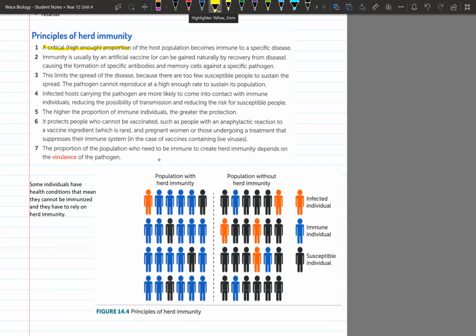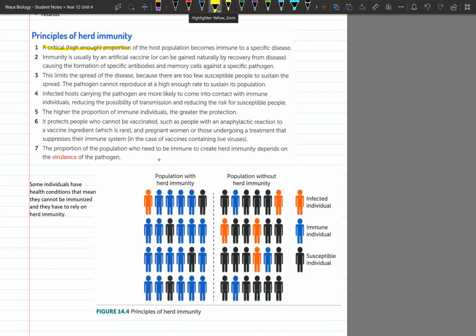So the more people you have vaccinated, the more difficult it is for the infected individual to reach those susceptible individuals. But it doesn't work if the population is low. So you need a high enough proportion of the host population to be immune. And this could depend on the disease. Some diseases are more virulent than others, so the jump from one individual, the transmission, is a lot faster.